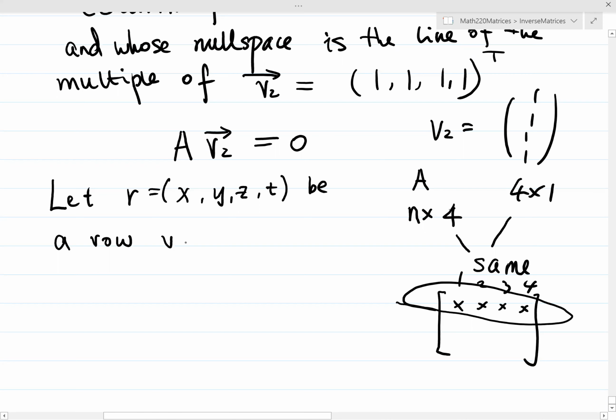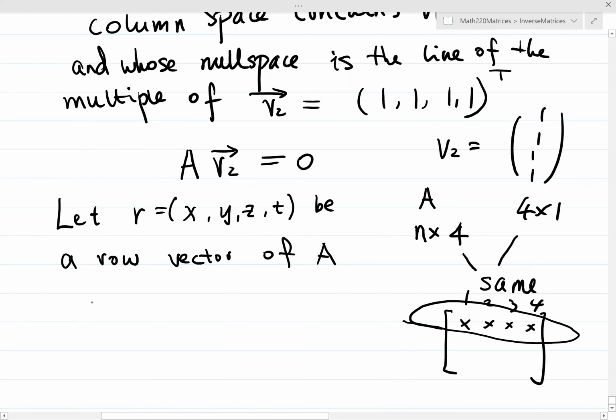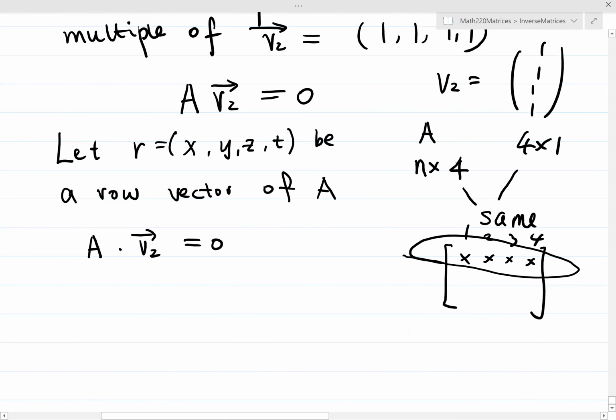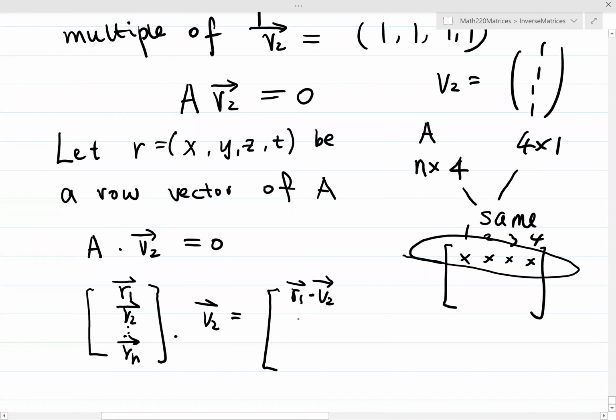Then A times V2 is 0. If you use the row picture, R1, R2, up to Rn, each dot product with V2 gives a number. How many numbers are there? We get n numbers.